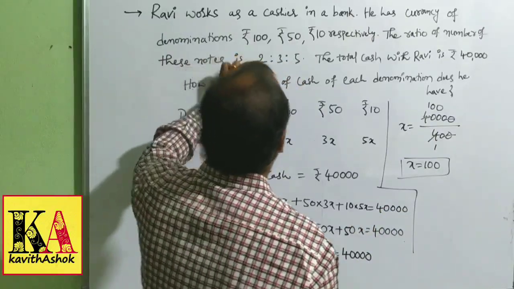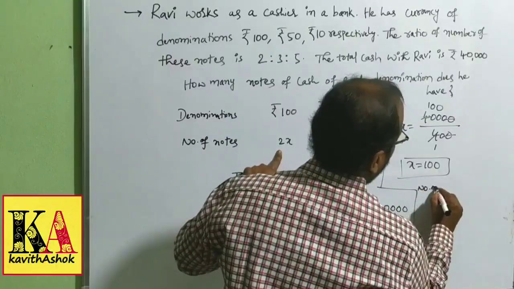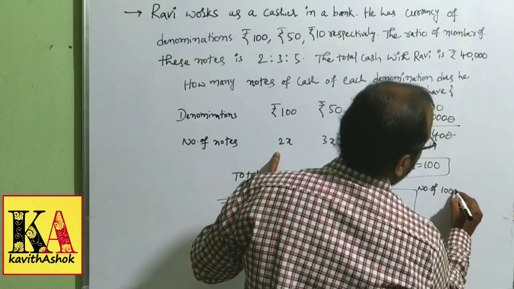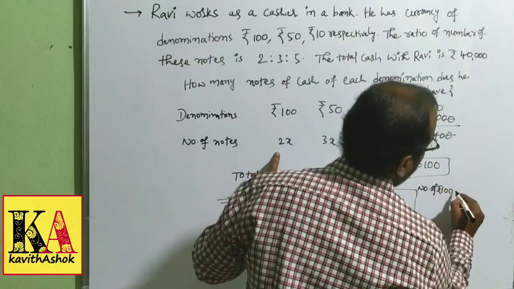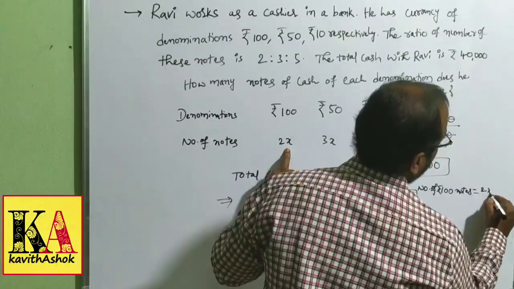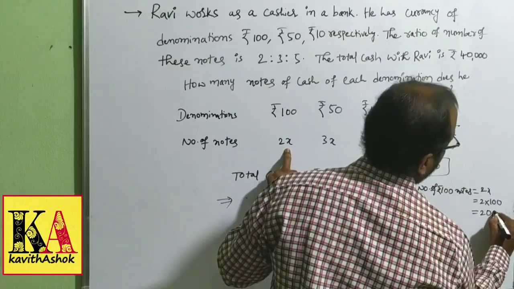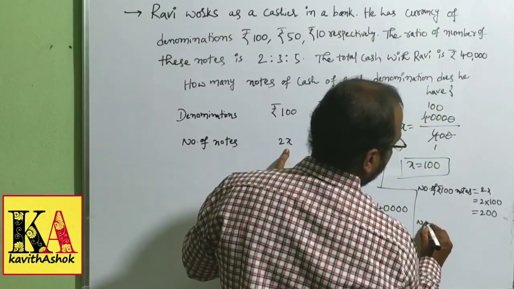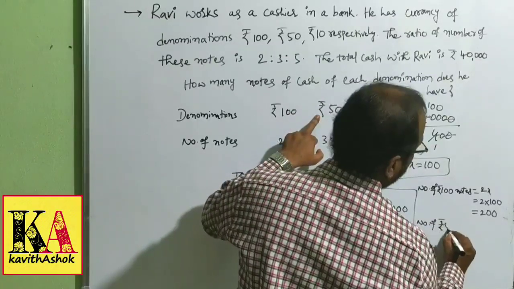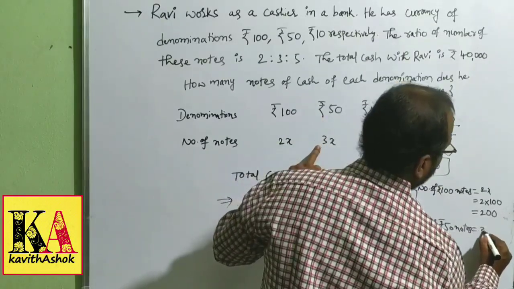So write now: number of 100 rupee notes is equal to how much? 2x. So 2 into 100, 200. Okay. Next, number of 50 rupee notes is equal to 3x.